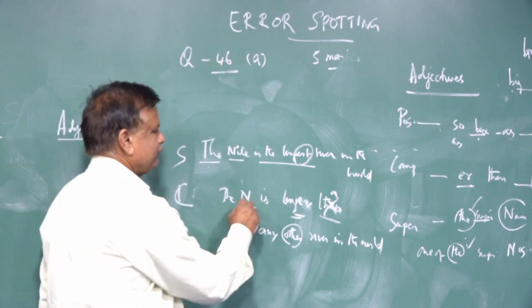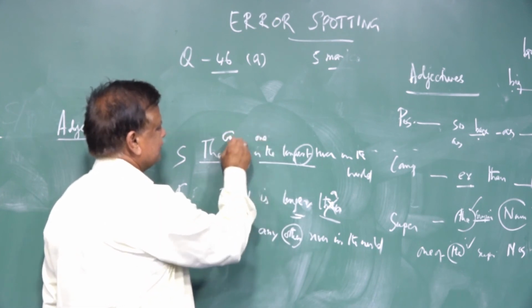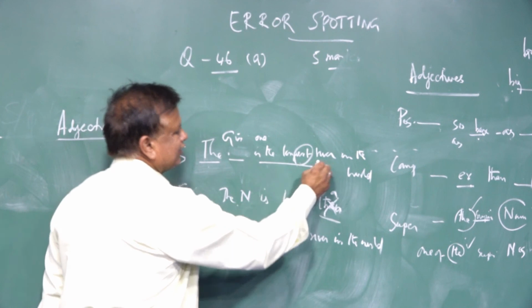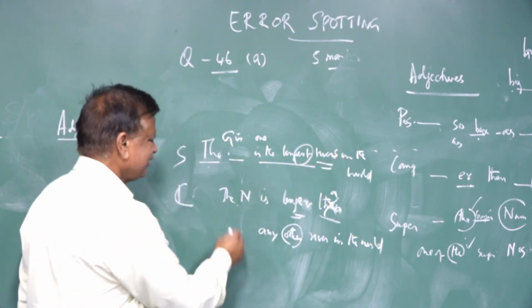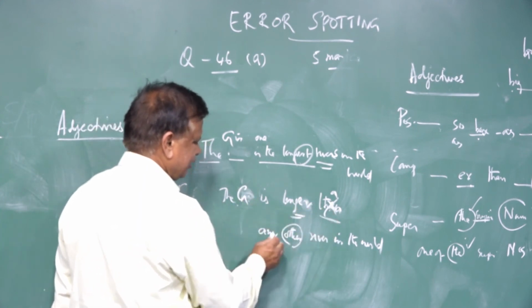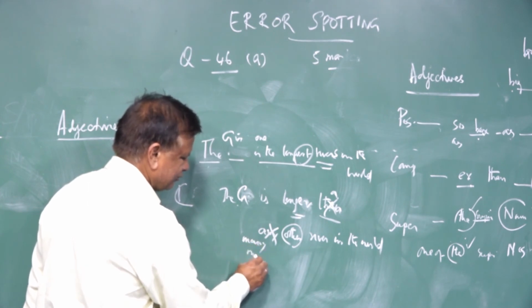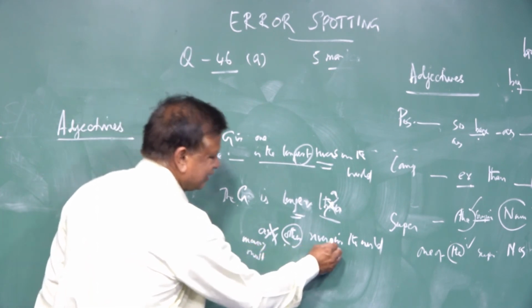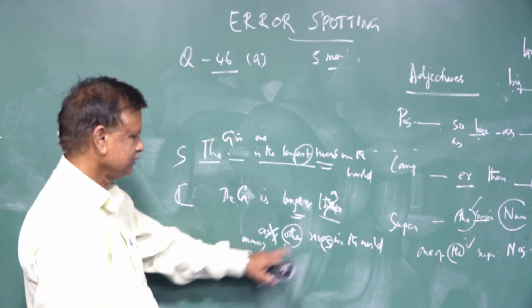If it is one of the longest rivers, the Nile is one of the longest, the Ganges is one of the longest, the noun should be plural. Longest rivers. Then the Ganges is longer than, it is not any, but it can be many or most. Most other rivers. Again, that plural form should be there. This word other should also be used.